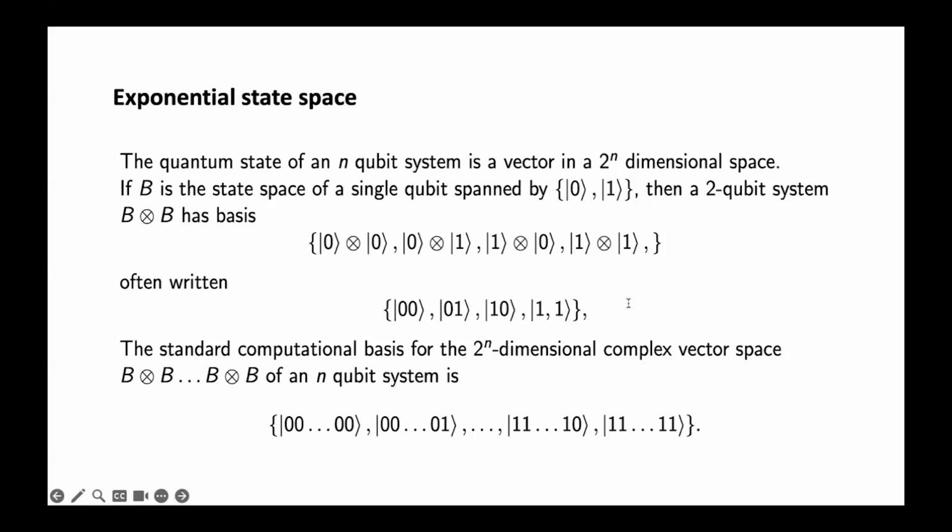If we wanted to write down the standard computational basis of the 2 to the power n dimensional complex vector space of an n-qubit system, it has this form. So you can make the computational basis as large as you want.